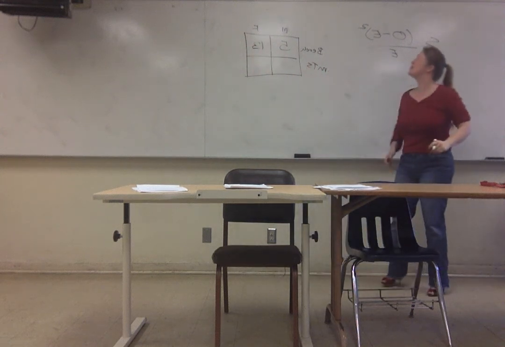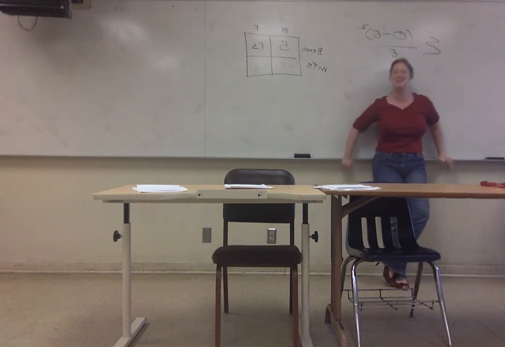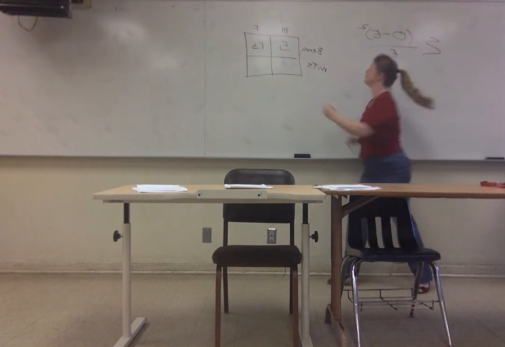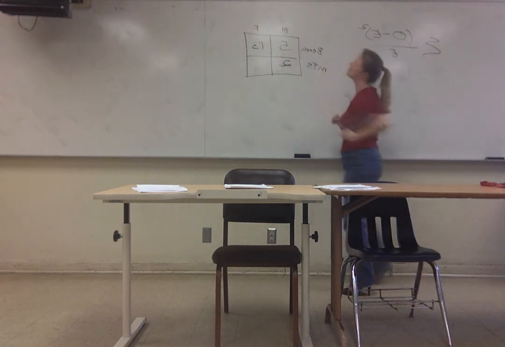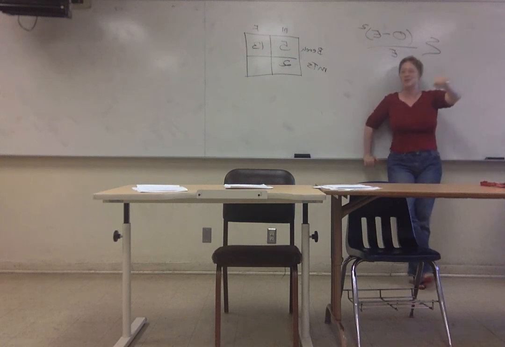All right, so if you would like to be considered a male today but would prefer to go to the mountains, raise your hands. 1, 2. If you'd like to be considered female today and would like to go to the mountains, raise your hands. 1, 2, 3, 4.